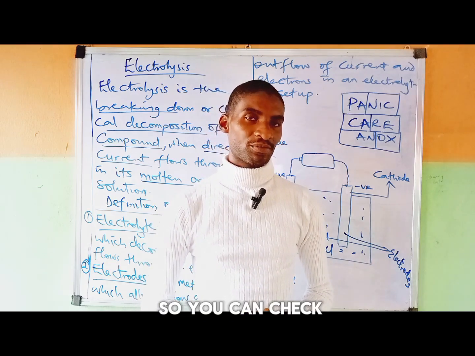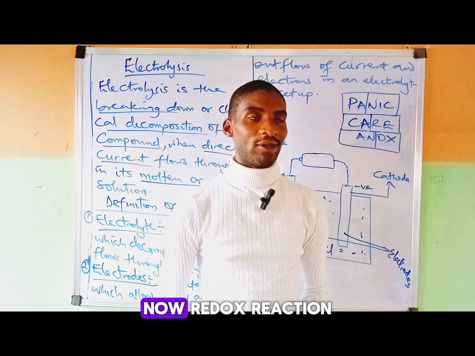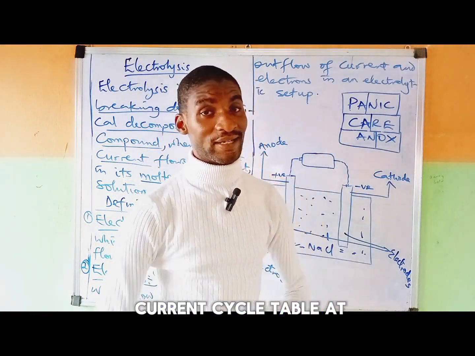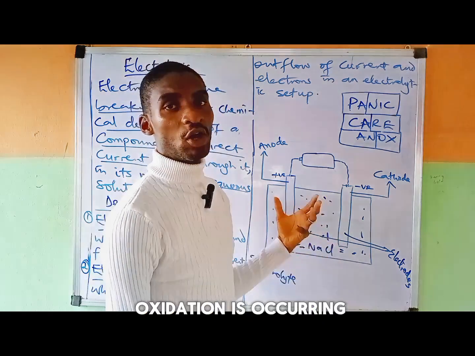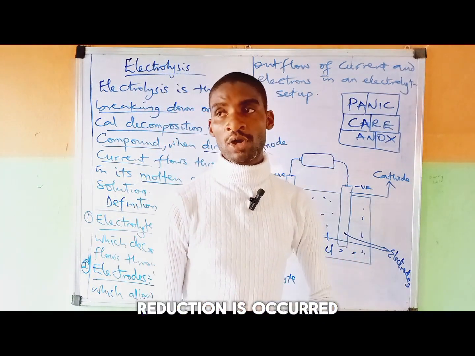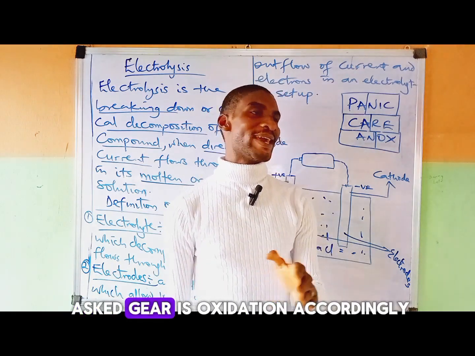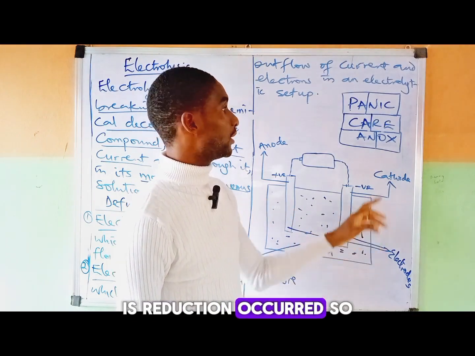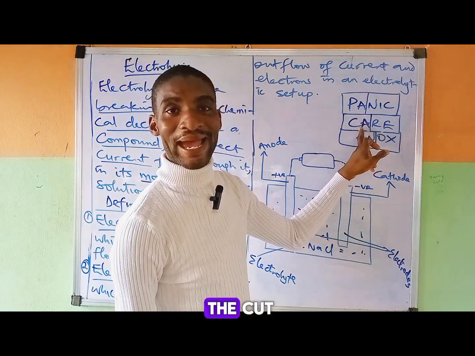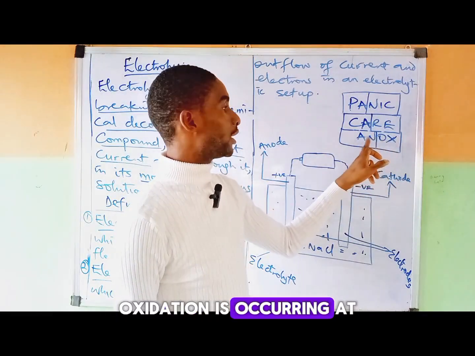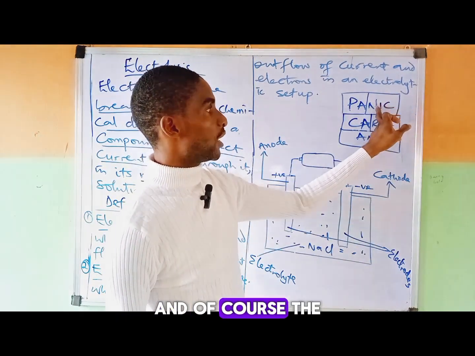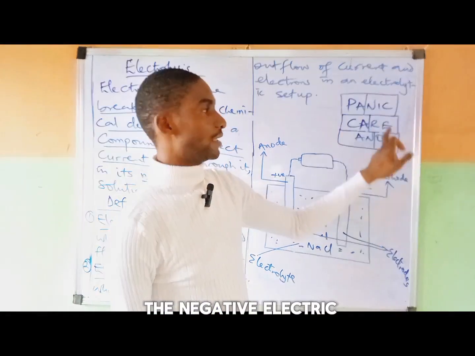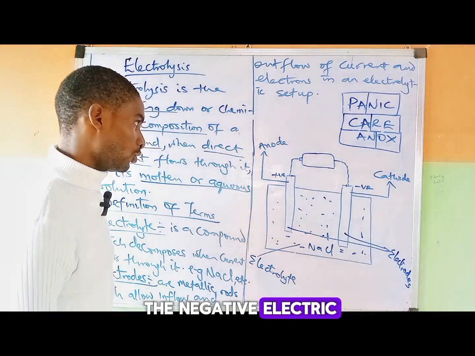So in this setup, oxidation and reduction are both occurring, and you could be asked where each is occurring. Reduction occurs at the cathode, oxidation occurs at the anode. And of course, the anode is the positive electrode, while the cathode is the negative electrode.